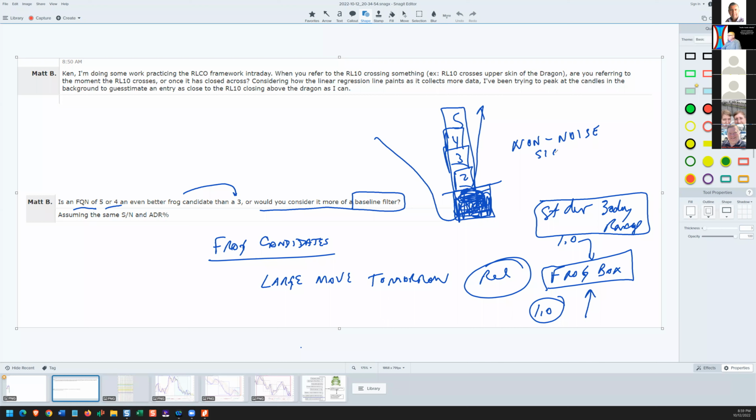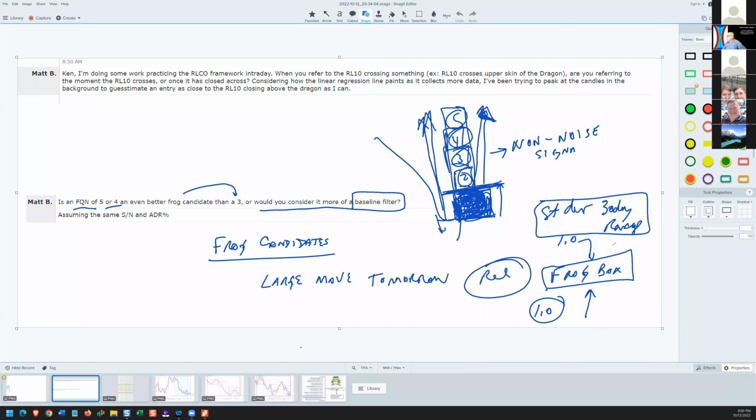Our idea was that by using the frog box as the standard definition of a non-noise signal, we would have seen price go to a low of the day and then reverse up. And then when it had moved a non-noise signal, we had a reason to believe that price was going to move up. And then what we want to see is something like a range stat kind of a day, where you get multiples of frog boxes moving away from the low of the day.